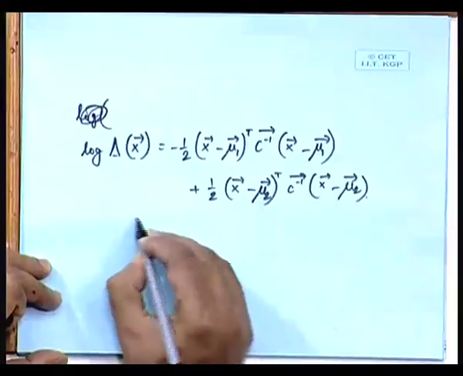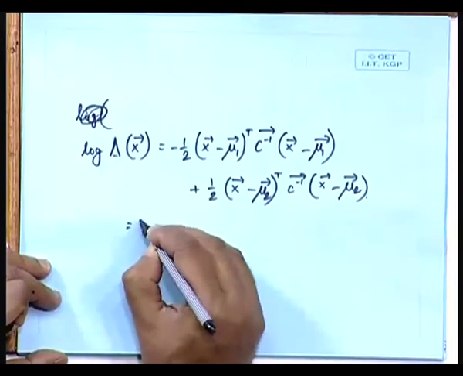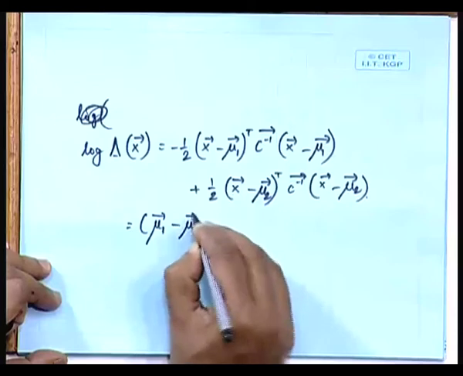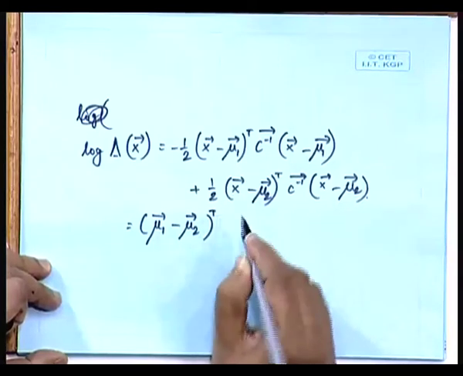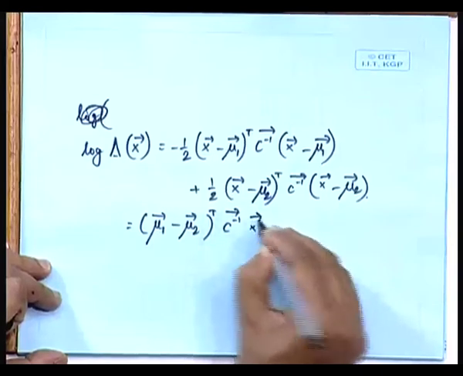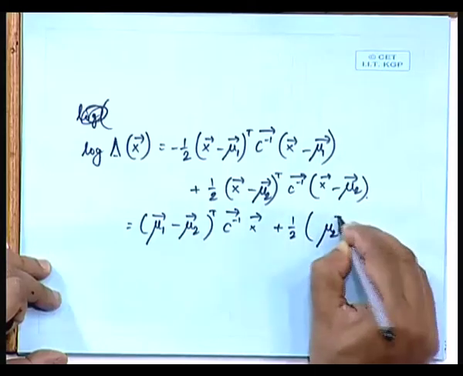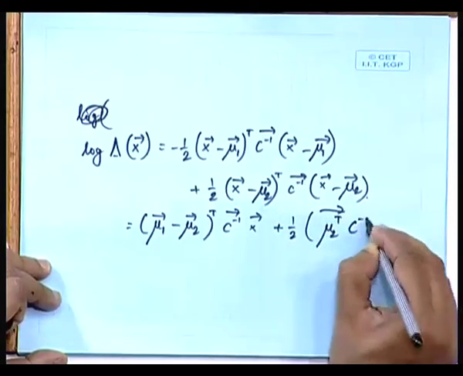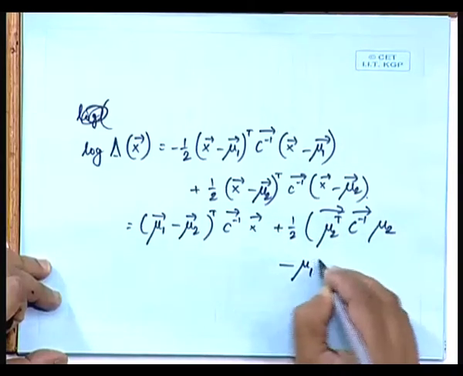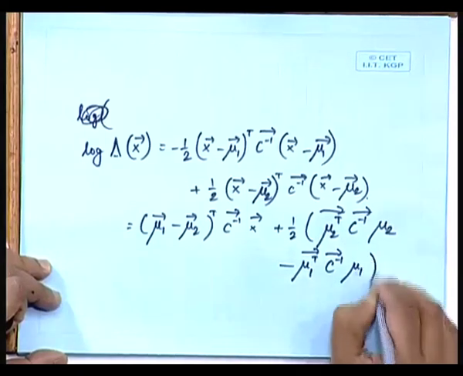Okay. So, this could be simplified further, and if we simplify it, we will get two terms here. One is mu 1 minus mu 2 transpose C inverse x vector, plus half of mu 2 transpose C inverse mu 2 minus mu 1 transpose C inverse mu 1.